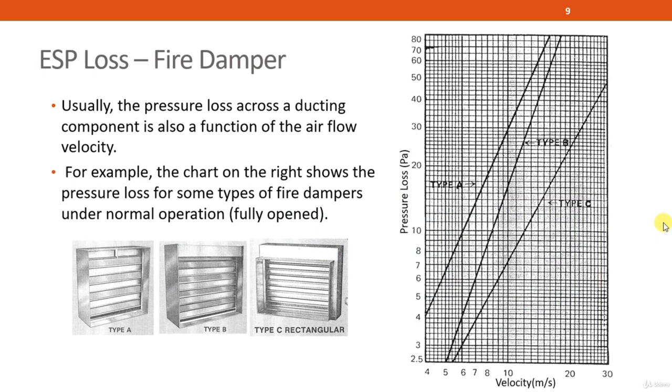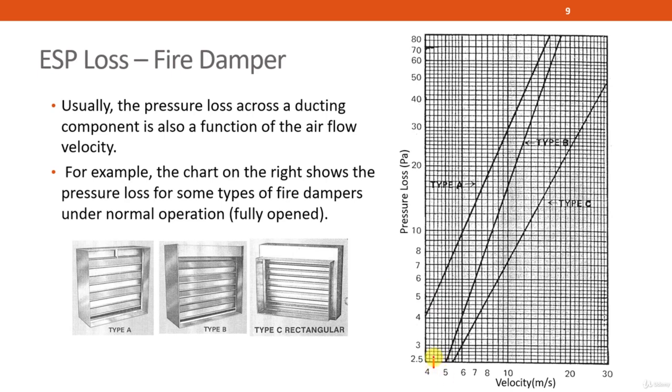For fire damper, we will refer to this chart. Let's say we use this particular chart. What you need is the velocity. So the fire damper is sitting at the duct section BF. So at duct section BF, the velocity is 4.4.